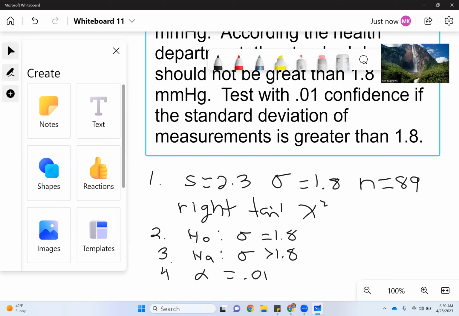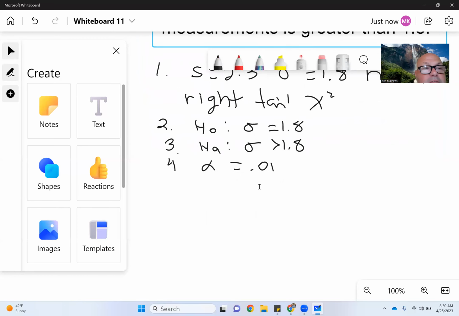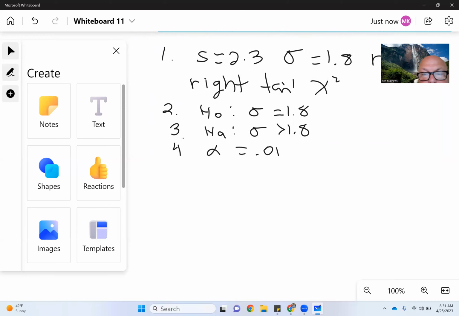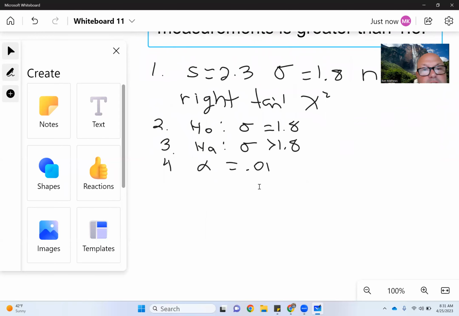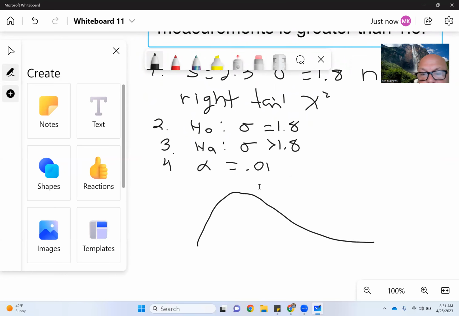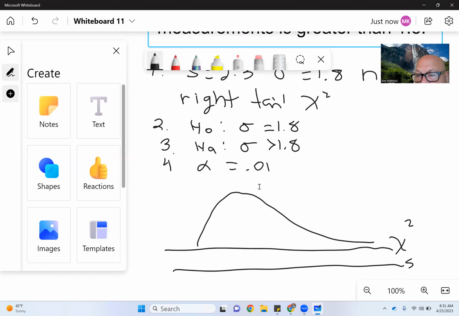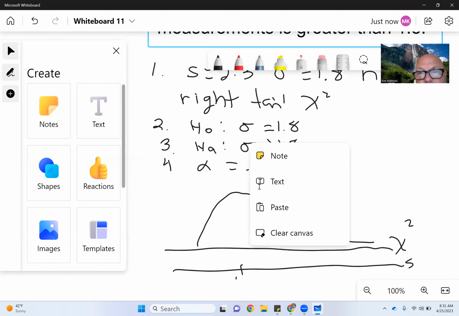All right, let's get ready to draw. This is going to be a chi-square curve. It'll look like a roller coaster hill or a whale. So here's chi-square. Here's standard deviation. Our standard deviation was 2.3.